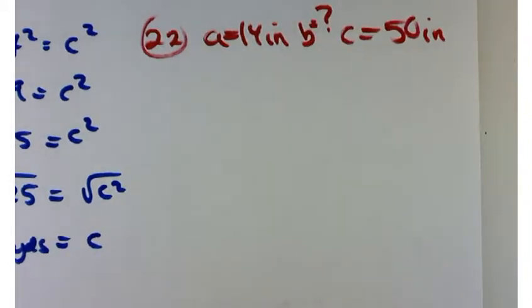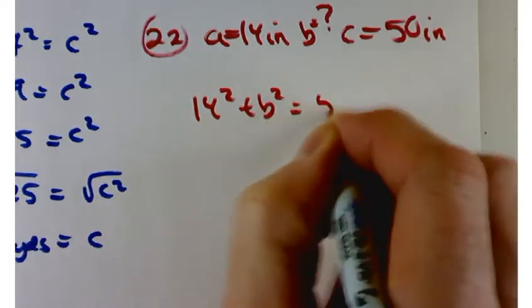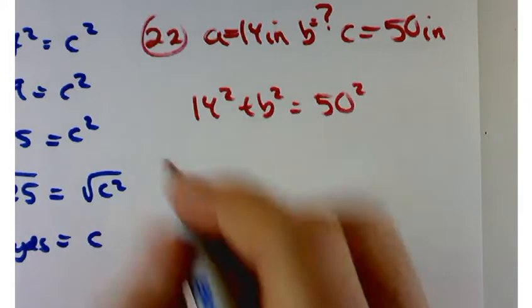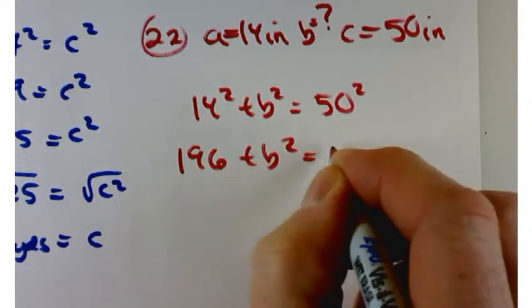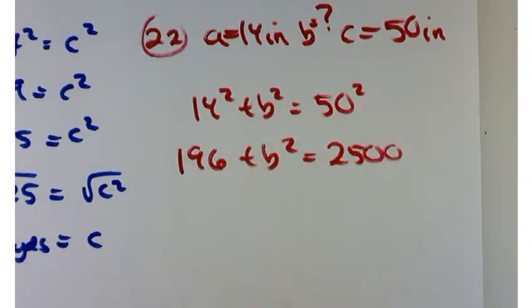Well, let's plug it in and find out. You're going to get 14 squared plus B squared equals 50 squared. Well, 14 squared is 196 plus B squared equals, what, 2,500? What are we going to do to solve for B?